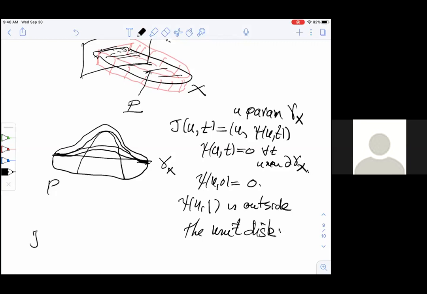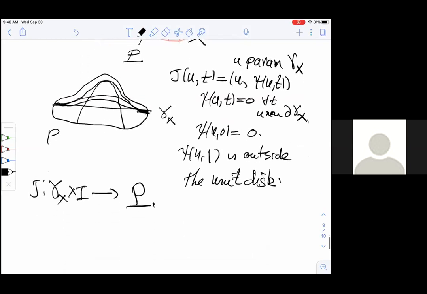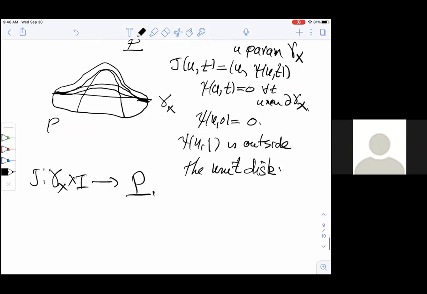So this is an isotopy, gamma x cross I into P. And notice, of course, it's crucial that I've filled in this disk, otherwise there'd be no way to do such an isotopy. But filling in the disk allows me to do an isotopy. All right? That's one piece of the ingredient to do the deformation of x.